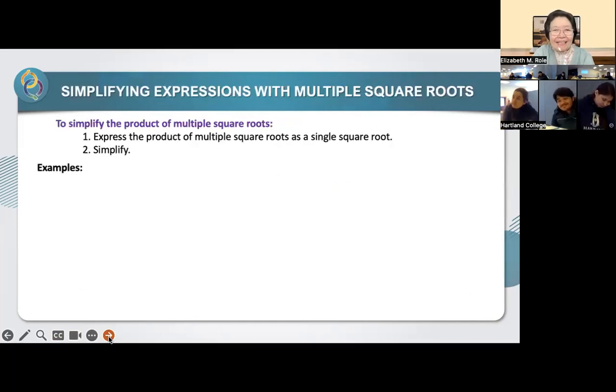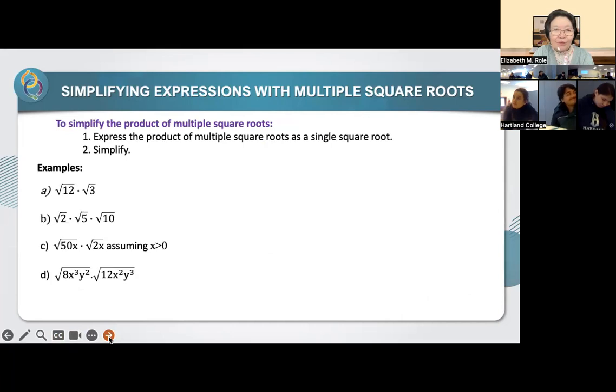Now, this time, we are going to have multiple square roots. So what happens there is you first express the product as a single square root, following again your rules of exponents, all right? They have the same index under the radical.